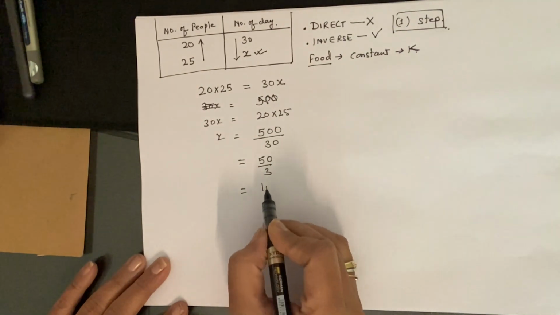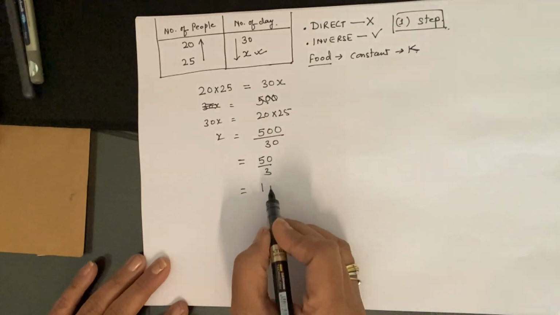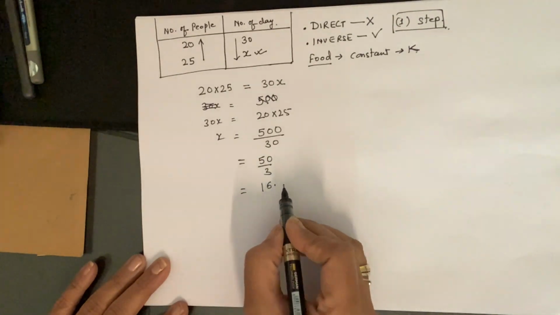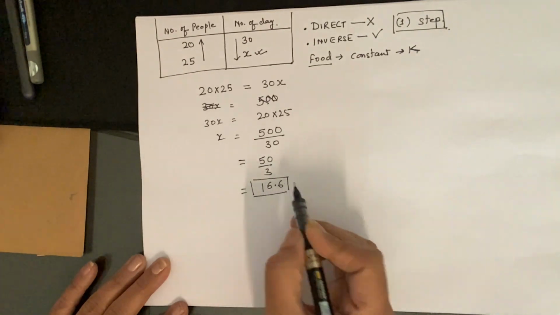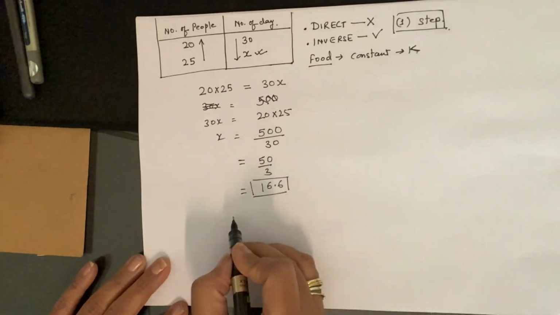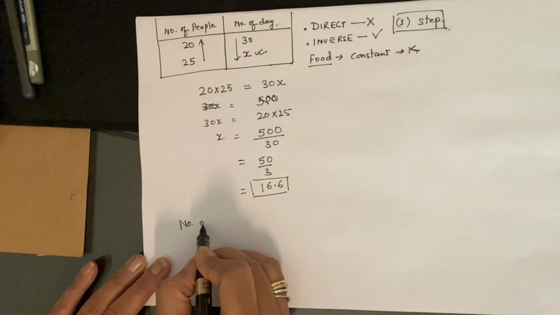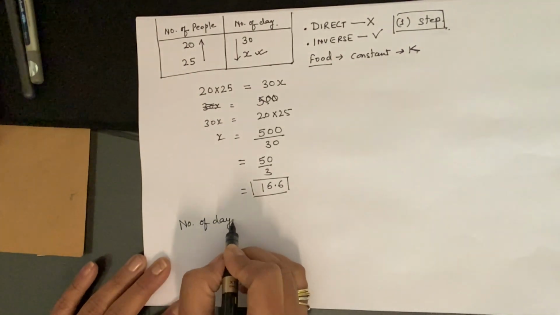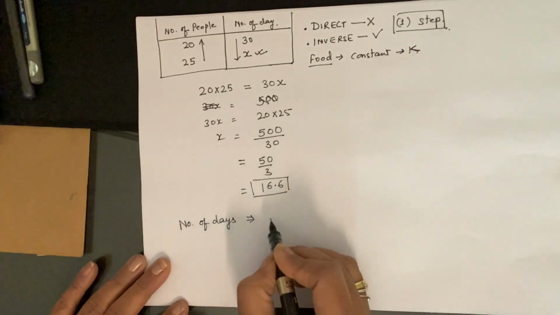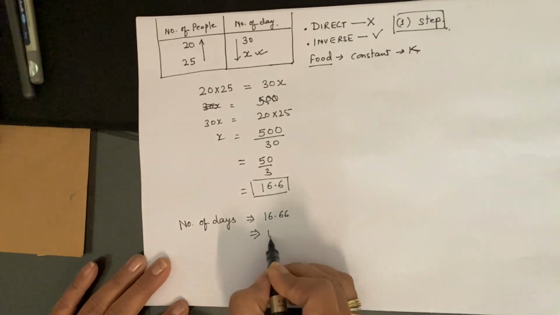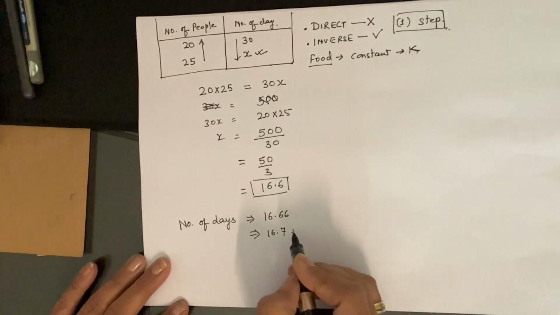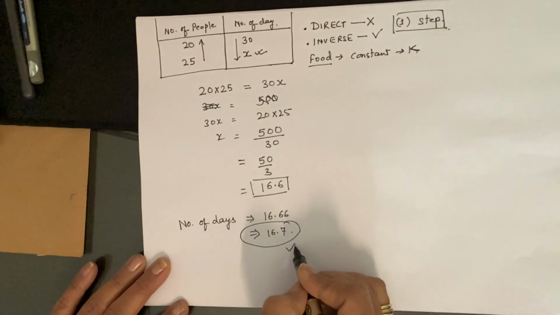So 3 ones are 3, 3 fives are 15, 3 sixes are 18, and so this will be your answer, that the number of days will be 16.66 or 16.7. So this is our answer here.